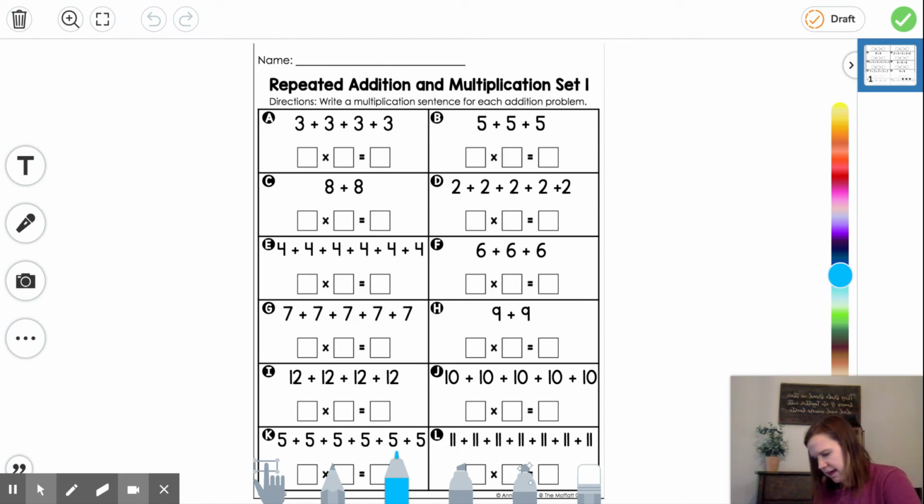All right, I'm going to look at L. And I have 11s. 1, 2, 3, 4, 5, 6, 7. I have 7 groups of 11. So that's 7 times 11. That's 77.